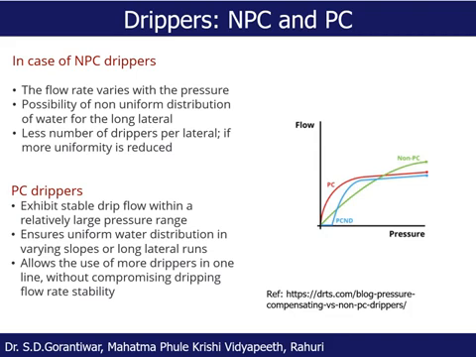But instead of that, if we use the pressure compensating emitters, then we'll get the same discharge everywhere, but we have to use the PC kind of drippers. Of course, these are expensive compared to the NPC kind of emitters. This I will also try to explain with the help of the layout of the drip irrigation system in the next slide.